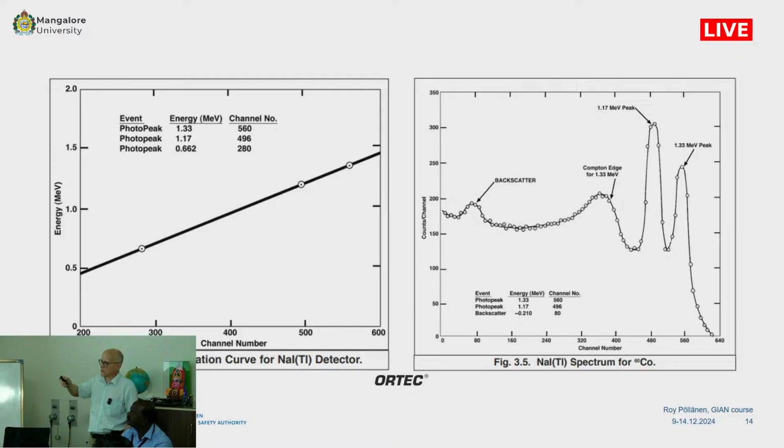But the point is that the backscattering peak doesn't depend very much on the energy. It depends a little bit, but not very much. That's why this peak is wider.